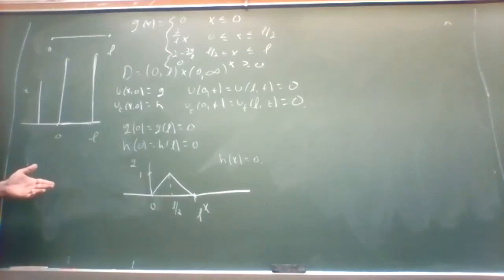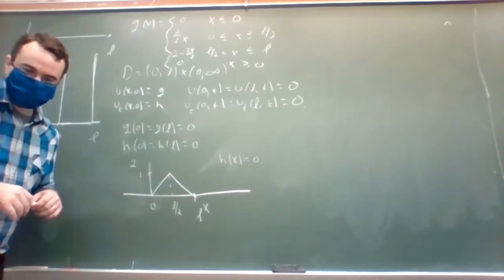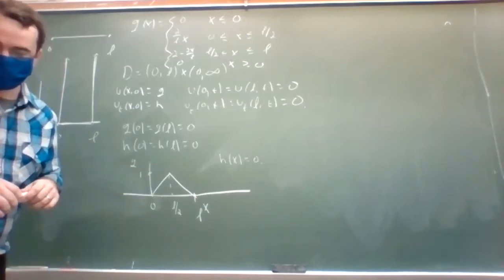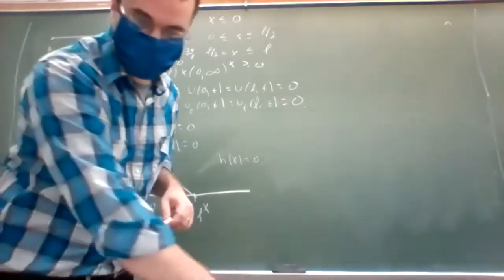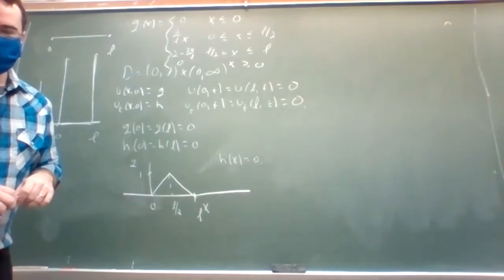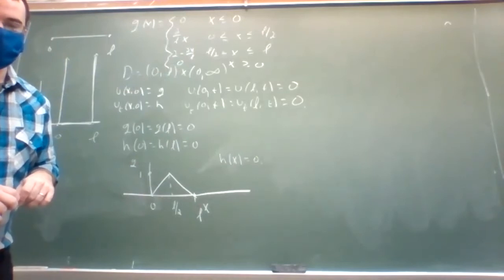Okay, but now there are still many ways to extend a function so that it's periodic or has some kind of regular behavior. So let's try to be a little bit more careful in thinking about how we can extend this. Let's try to figure out what the extension has to satisfy.